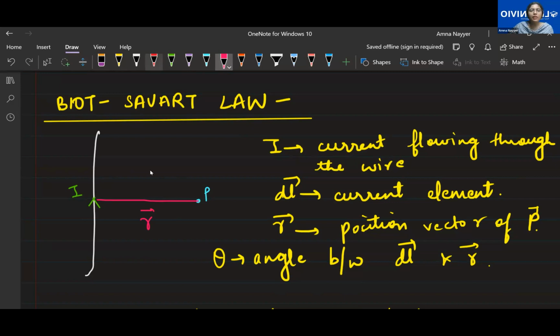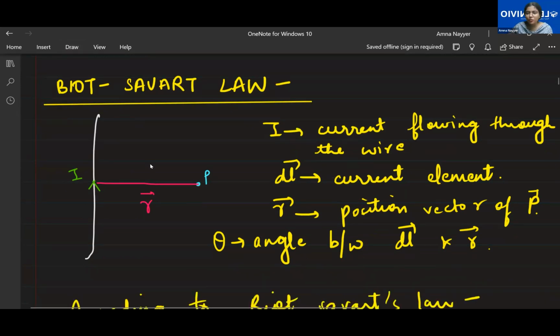Now see what we do for our calculations, to make them easier and to have a very general formula with us. We choose a very small length that is known as the current element. We have a wire, we just cut it and choose a very small length of the wire.